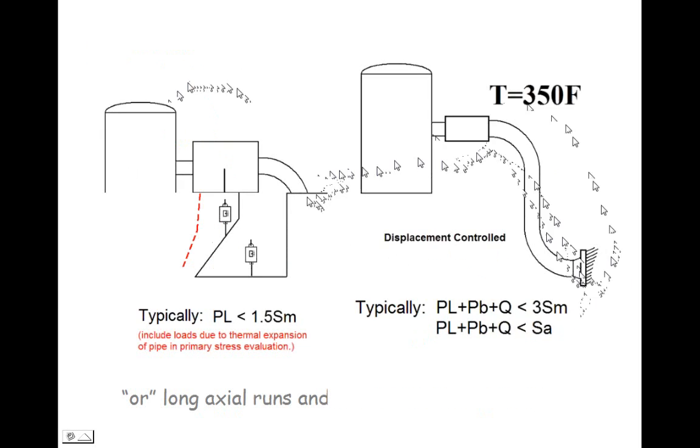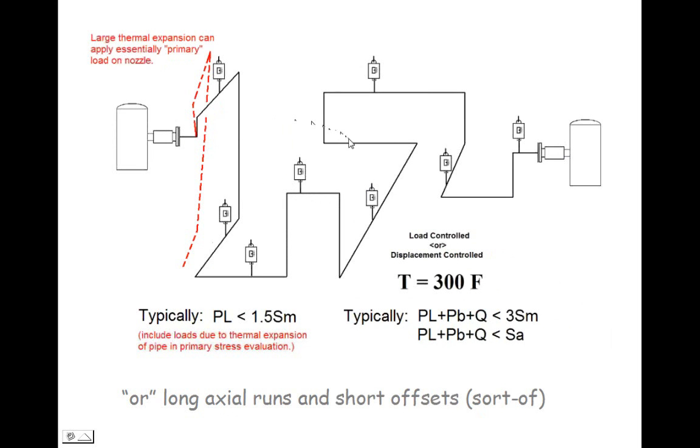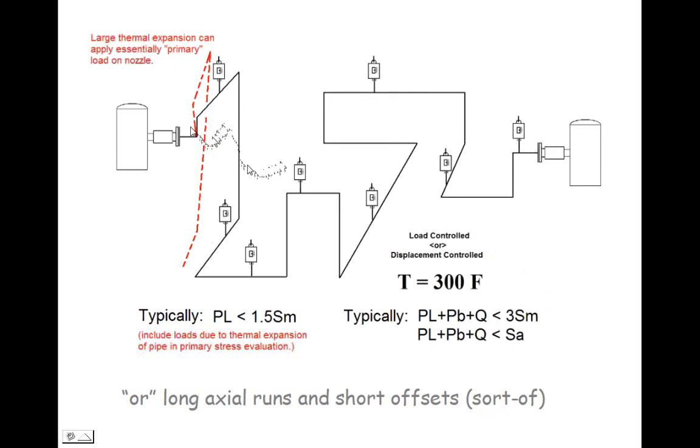Now what we're saying is that, well, we may have a lot of thermal expansion energy which acts on that nozzle in a primary capacity. And so to be conservative, we're going to include that thermal expansion in the primary evaluation of that nozzle.